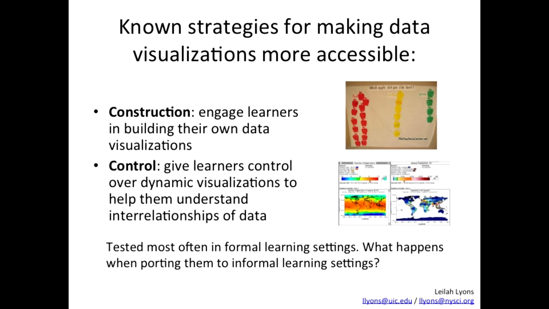What they were trying to do is get children to explore temperature and other climate data sources. How they did that was they strategically gave learners control over how the visualization was being rendered so that they would be able to explore things like banding of temperature and things like that. And through their interactive play with this interface, they would come to understand what the logic behind the representational scheme was.